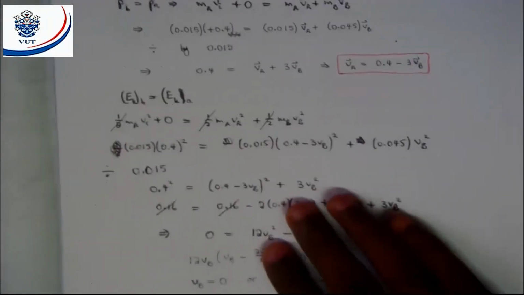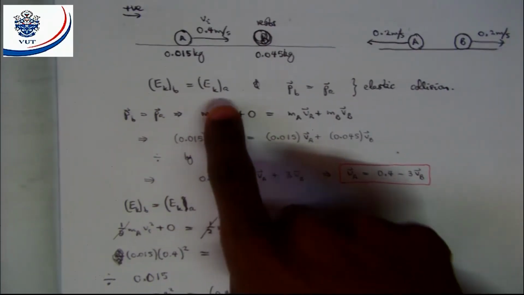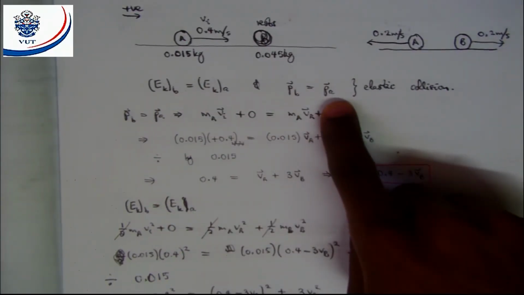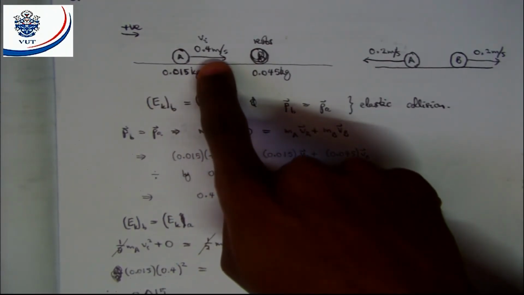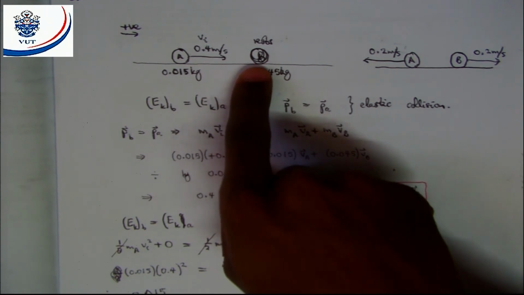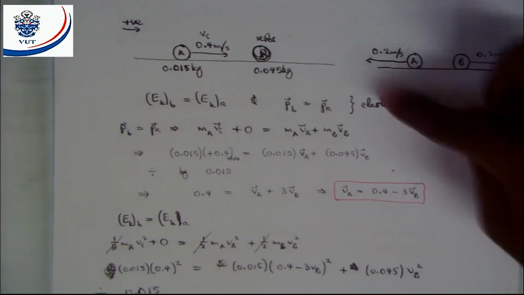My solution is very long. Initially ball A is moving at 0.4 meters per second towards ball B, which is resting, and they want to know how they move afterwards.